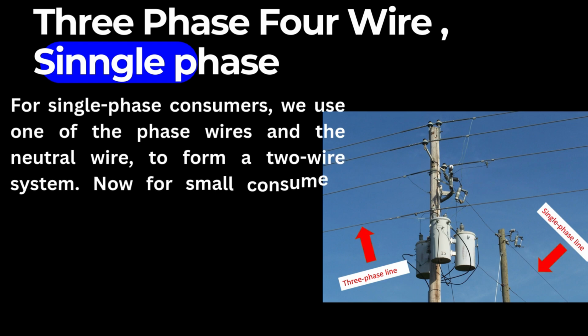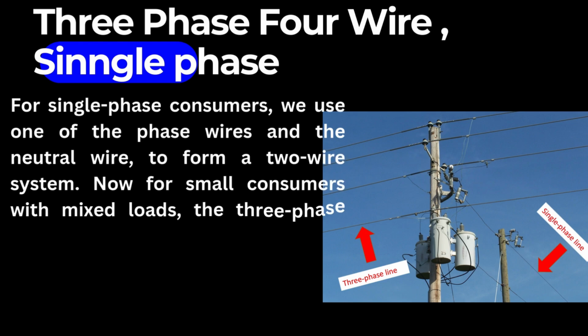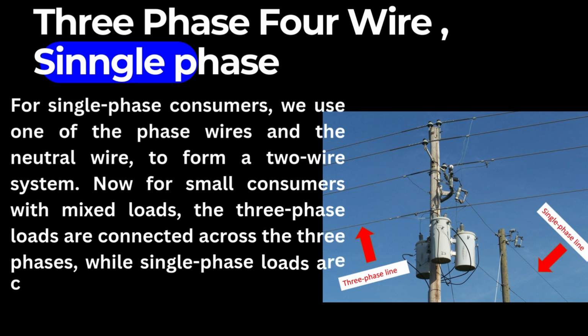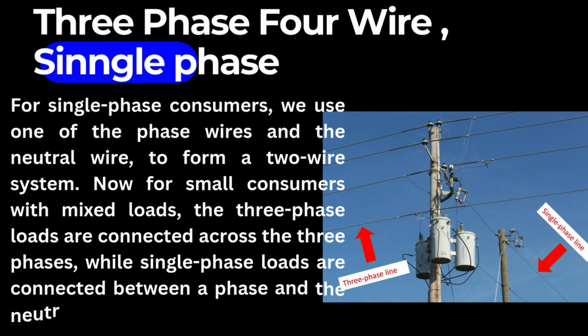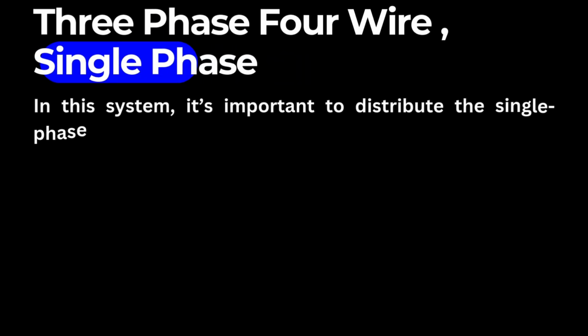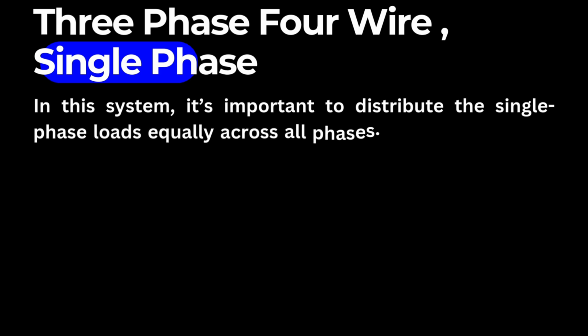Now for small consumers with mixed loads, the three-phase loads are connected across the three phases, while single-phase loads are connected between a phase and the neutral. In this system, it's important to distribute the single-phase loads equally across all phases.